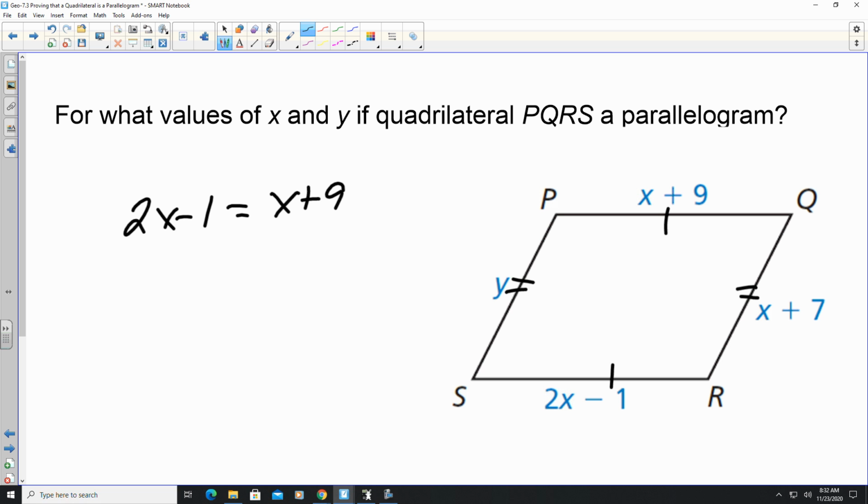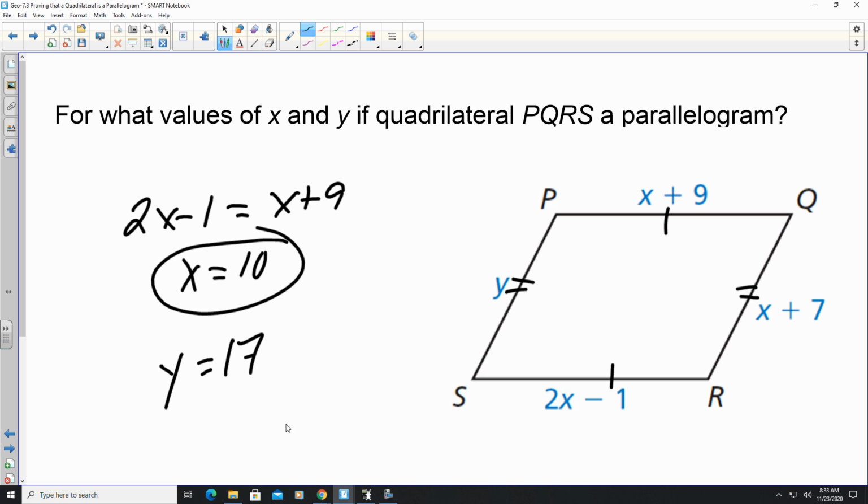Subtract x from both sides, I get x. Add 1, I get 10. So x is 10. For the other one, I have y is equal to, well, I just found out that x was 10, so it's going to be 10 plus 7, which is 17.